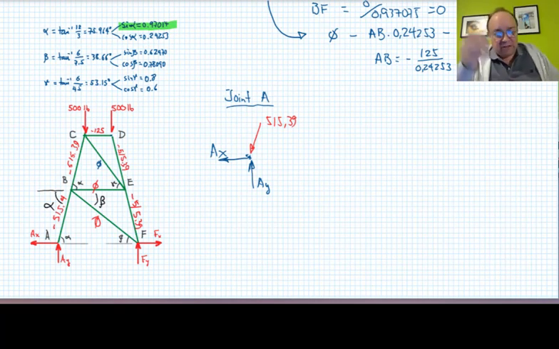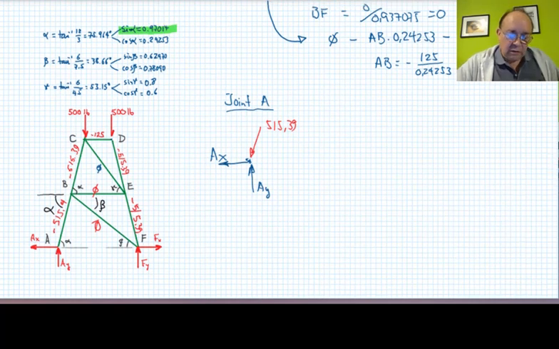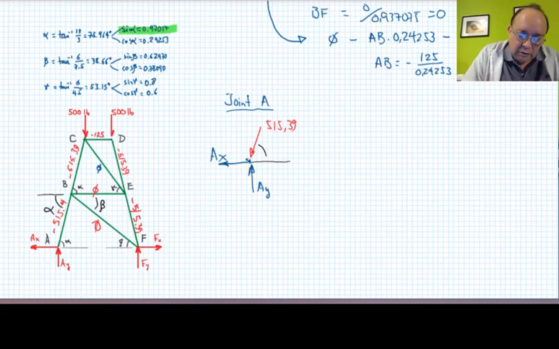So reactions, you are free to put them in any way you want. Usually you try to put them in the direction that you think they are. But as an unknown, you can put it any direction you want, and then you get a minus sign, and then you know that it's in the opposite direction. So not a big deal. The angles, we just need this angle here, alpha. So very, very easy here.